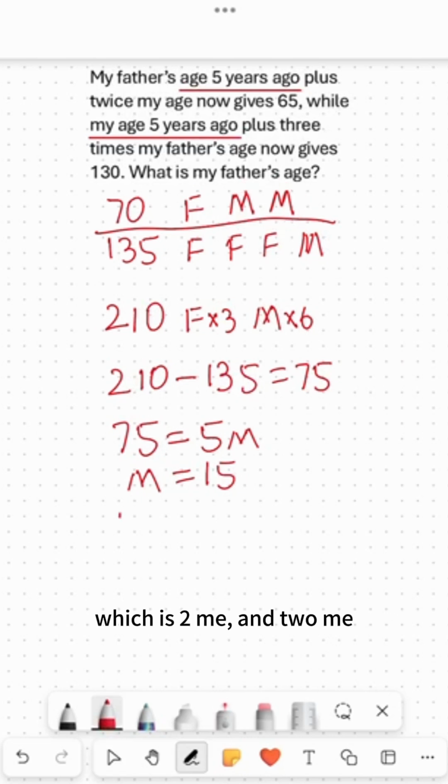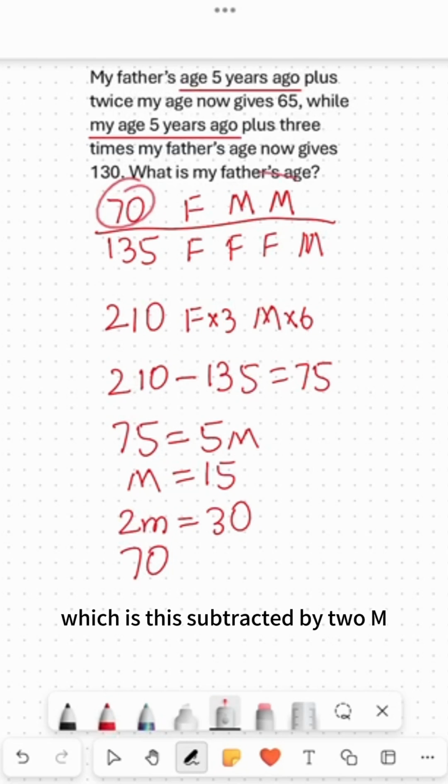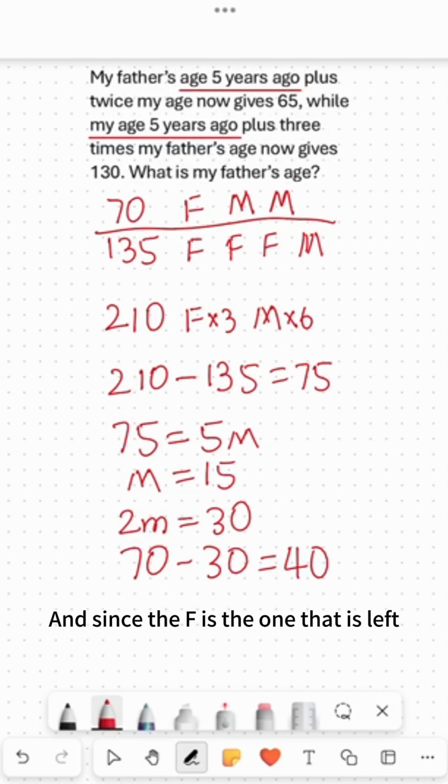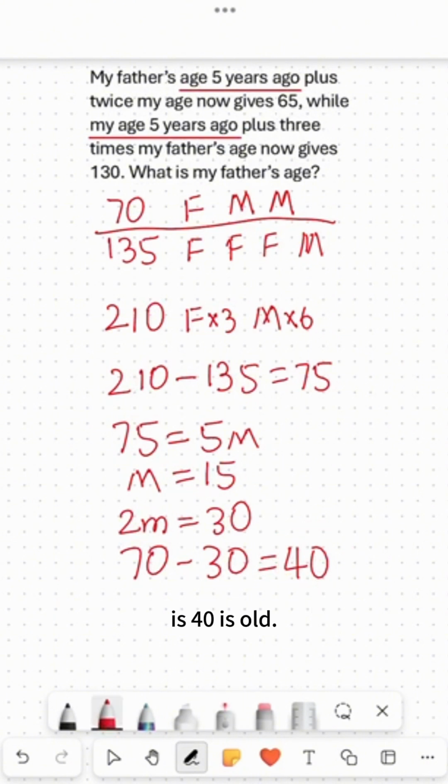And 2 me's is 30, and 70 subtracted by 2 me's is the one that's left. So then 70 subtracted by 30 is 40. Since the F is the one that is left, and this is 40, that means that the father is 40 years old.